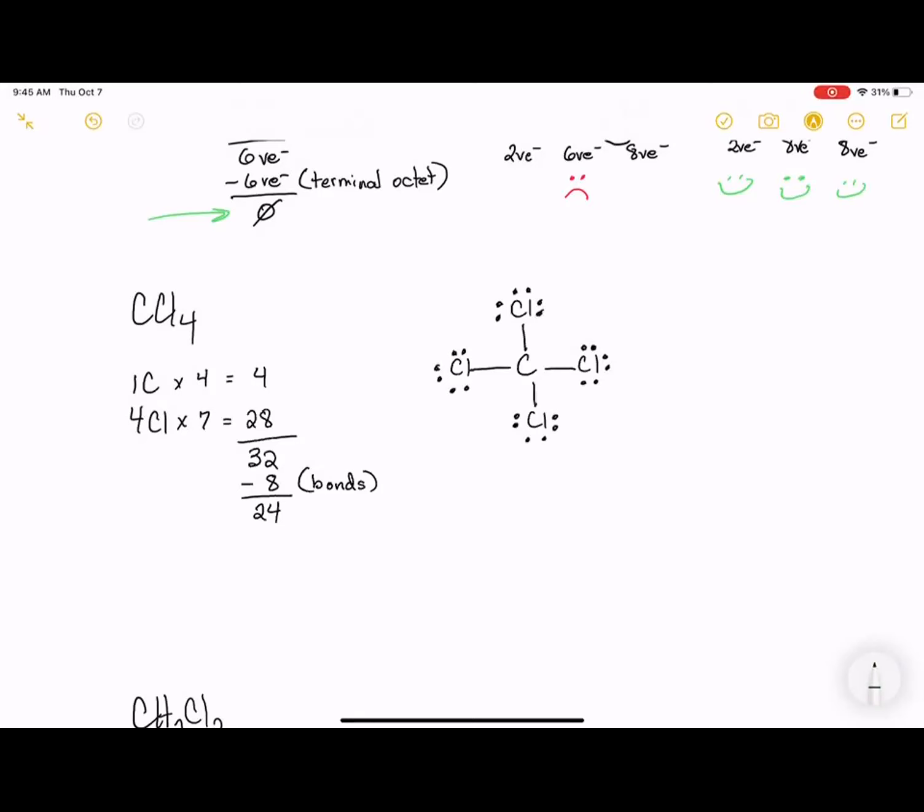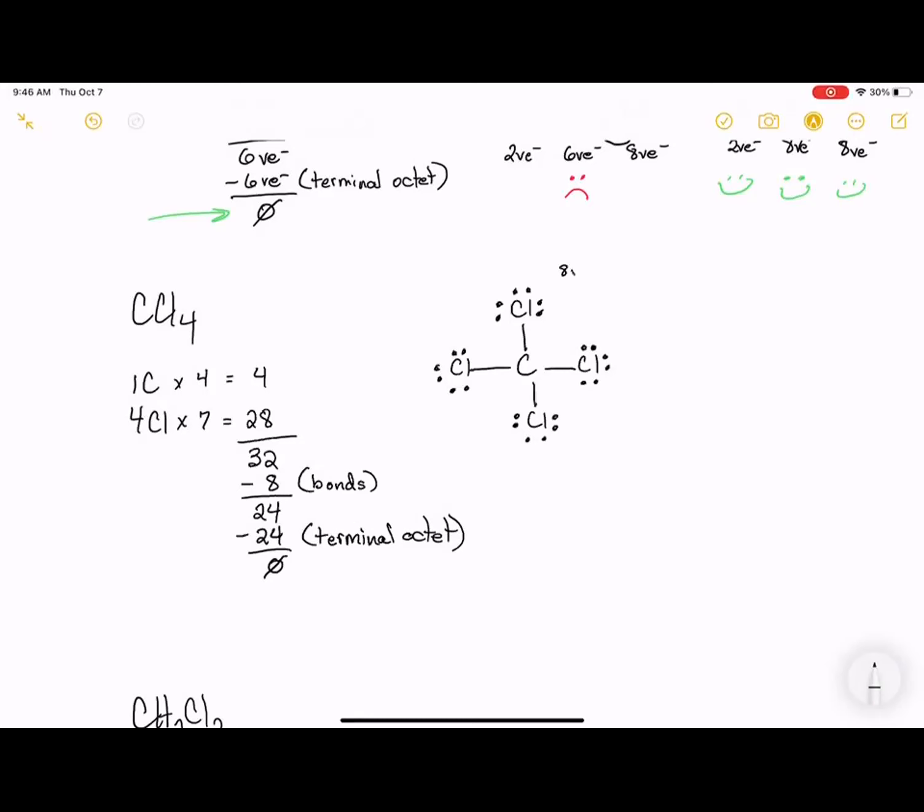Now, in giving our external atoms an octet, we used up the remaining 24 electrons and we hit 0.